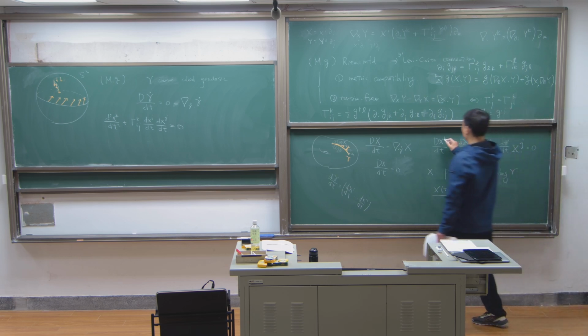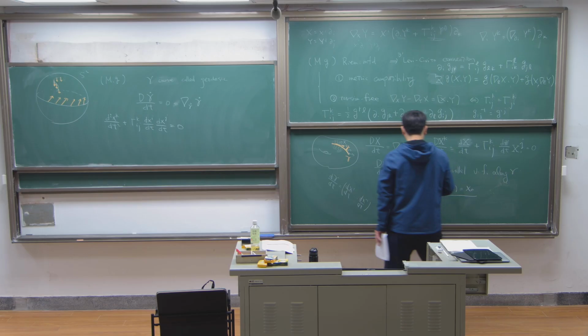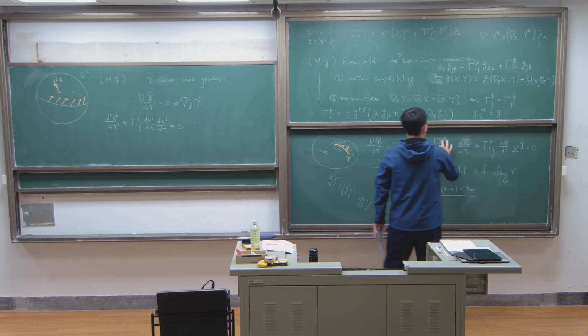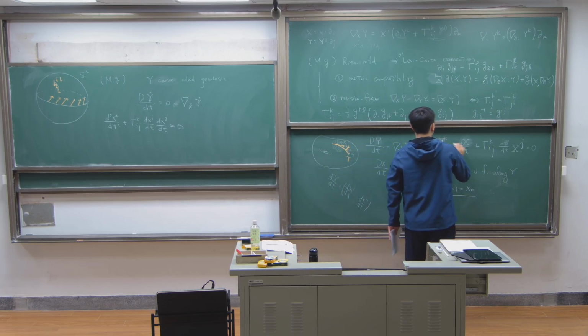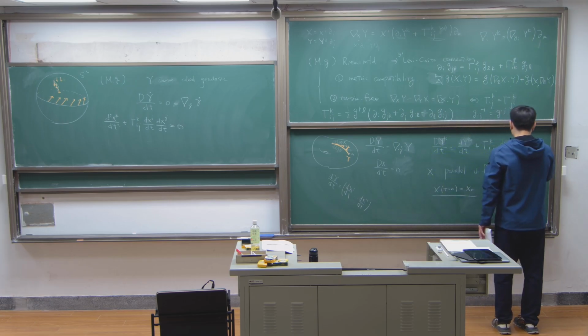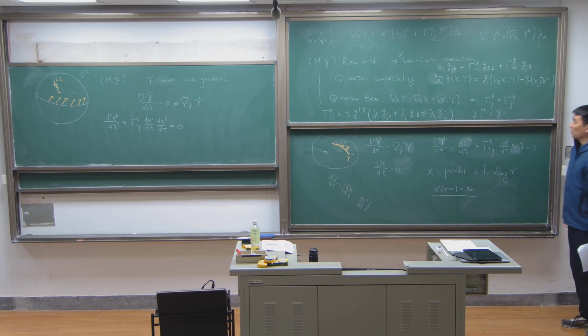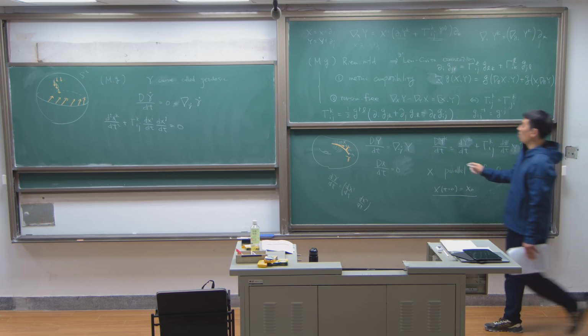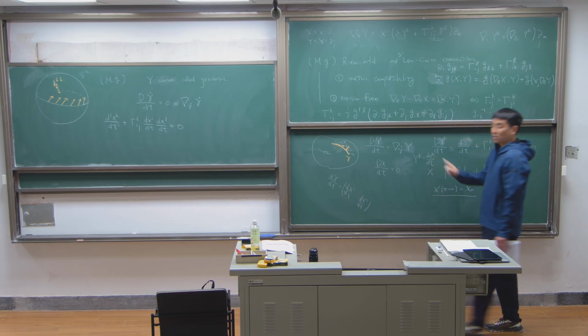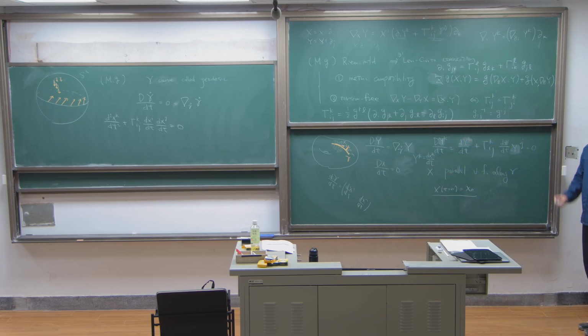The vector field, maybe it's better to use Y. So this is Y. And here we have y^k equal to dx^k/dt, the tangent vector along the curve.